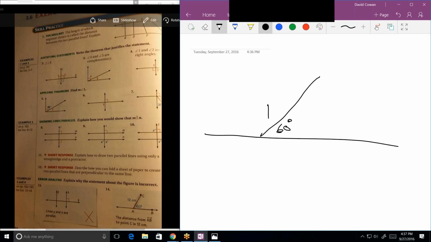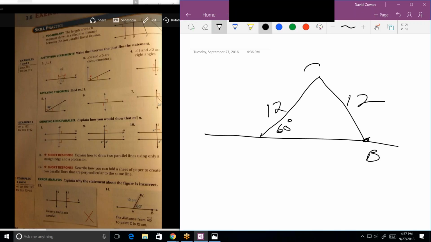I could actually draw it so that it is 12, but the way it's drawn, it's not 12 centimeters, because segment AC is 12 centimeters, and it's not perpendicular.